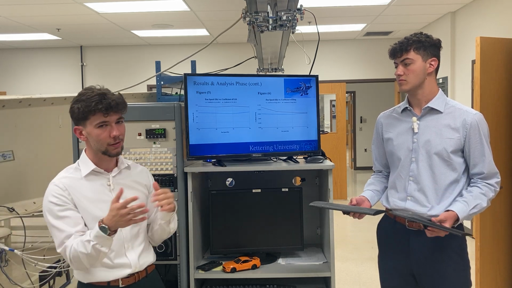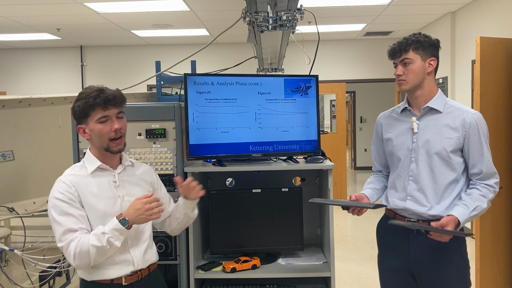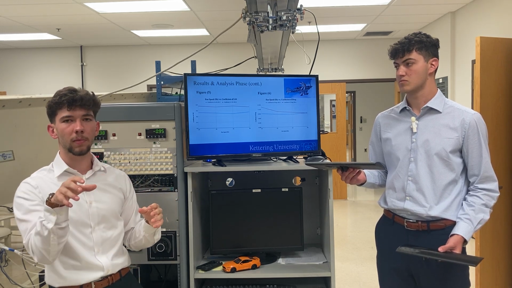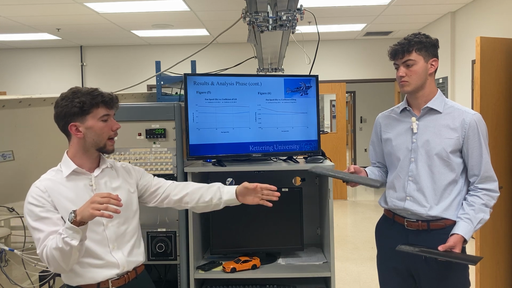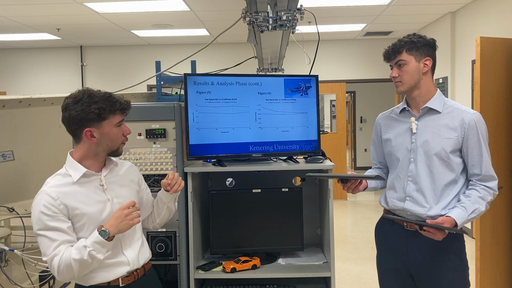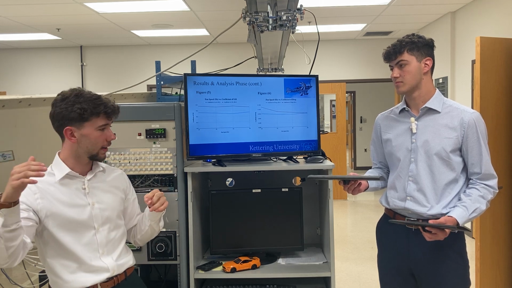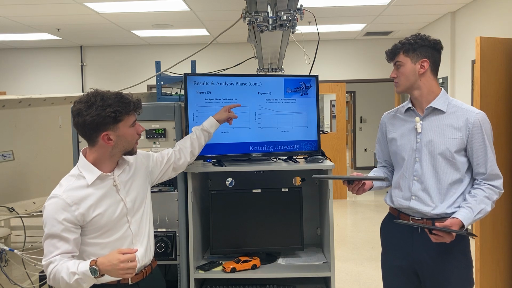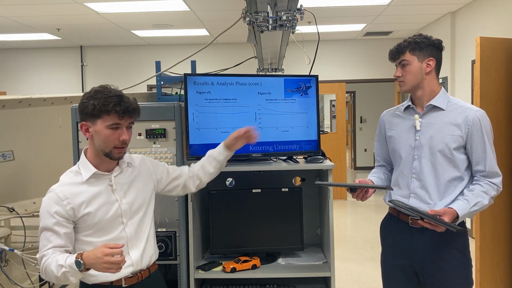The conclusion we can draw from this is that a lower aspect ratio foil would be more applicable at a low speed for short burst maneuverability, whereas a high aspect ratio foil would be more applicable for a constant high velocity application. Because as we can see, as the fan speed increased, the coefficient of drag decreased.